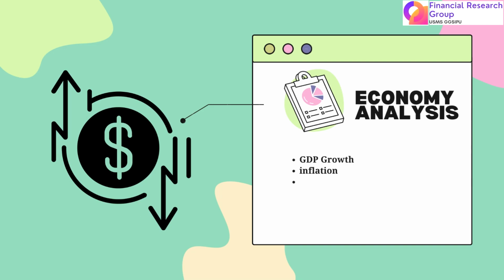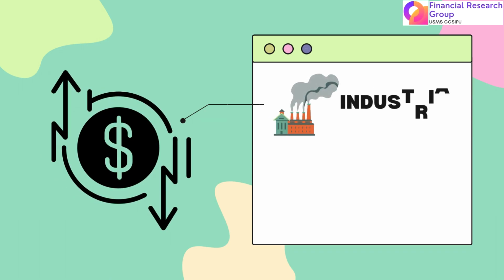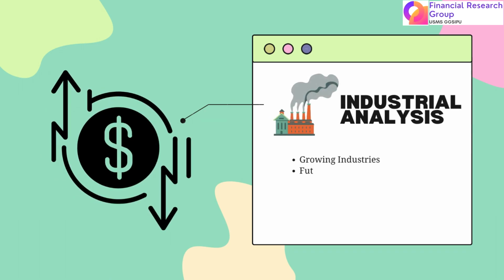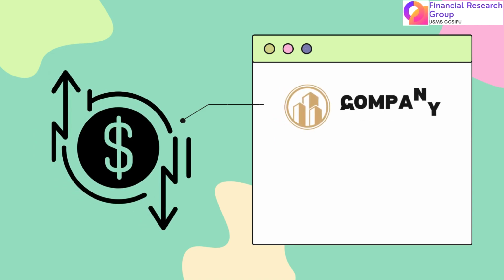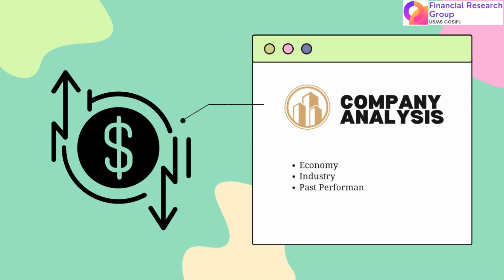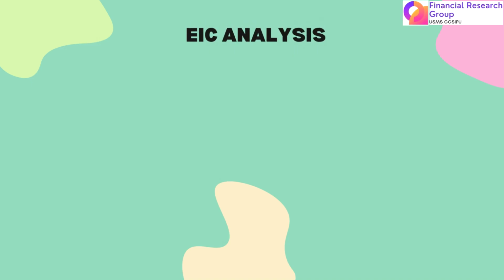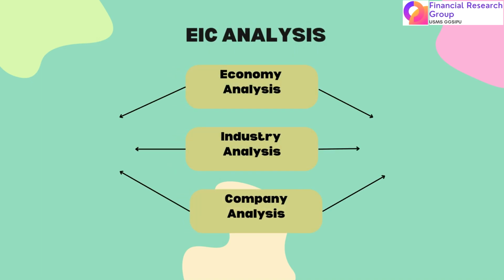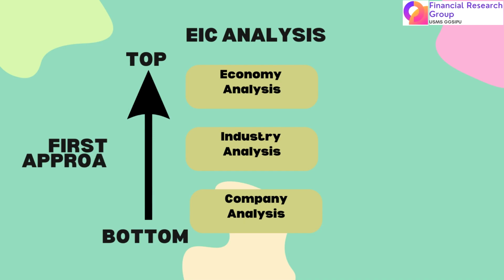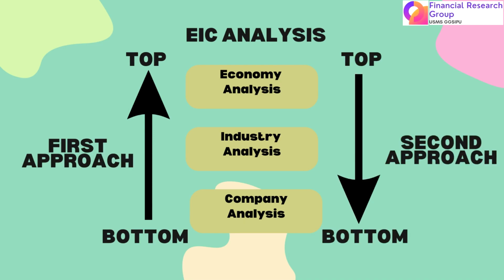Economic analysis includes GDP growth, inflation, political stability, trade deficit, war economy, etc. Industry analysis includes growing industries, future opportunities, young or mature, economic factors, etc. Company analysis includes economy, industry and past performance. EIC analysis could be done in two ways: quantitative and qualitative. There are two approaches in EIC analysis: bottom to top and top to bottom approach.